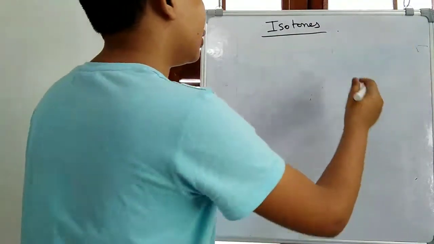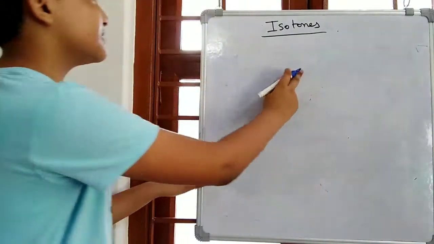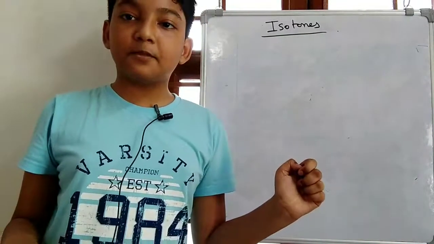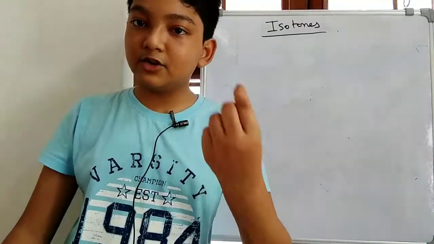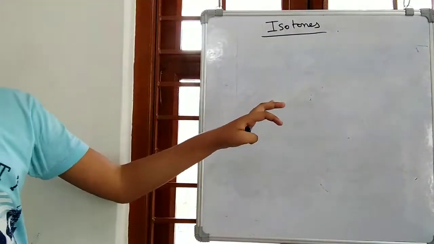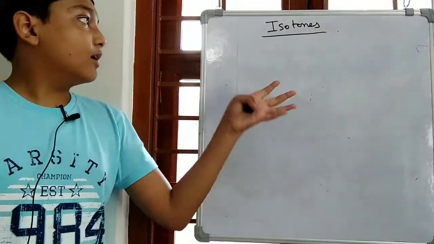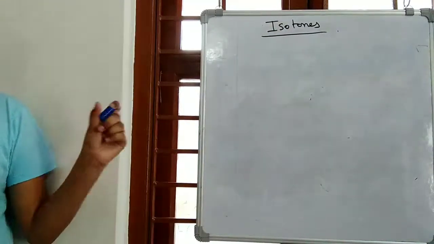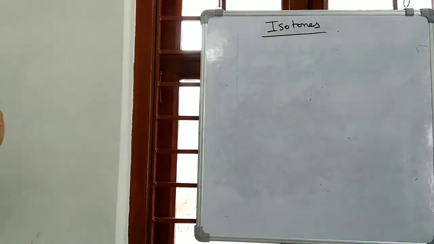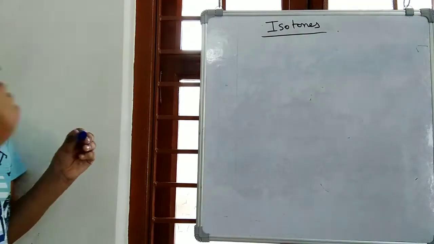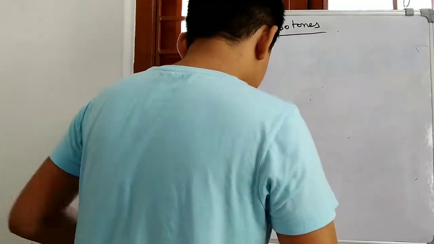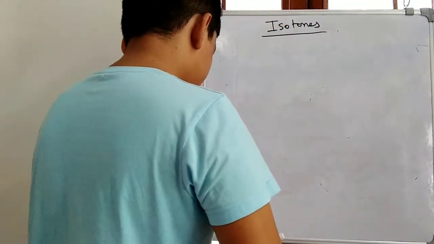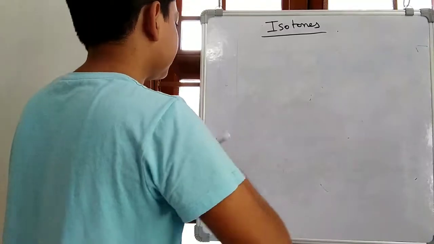Isotones means we have an equal number of not protons, not electrons, but neutrons. So an equal number of neutrons is isotones. Let me write the definition.